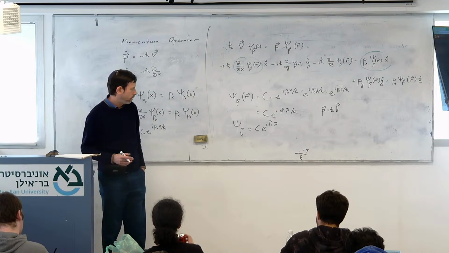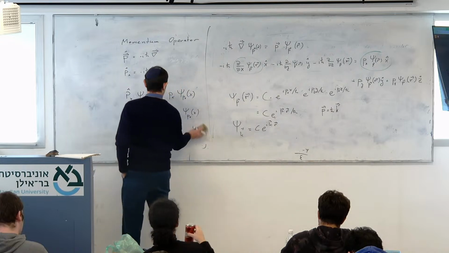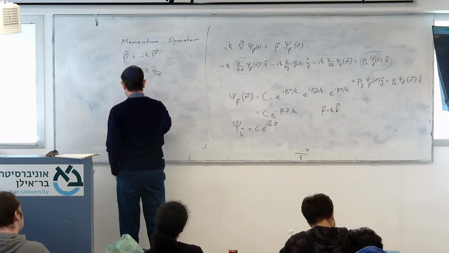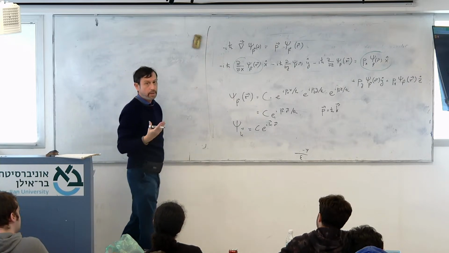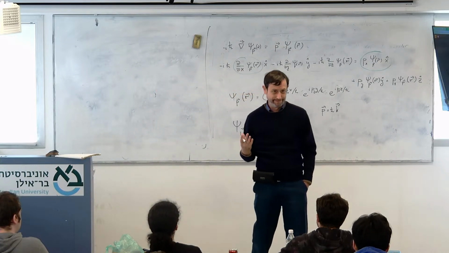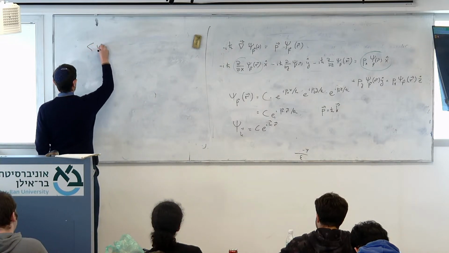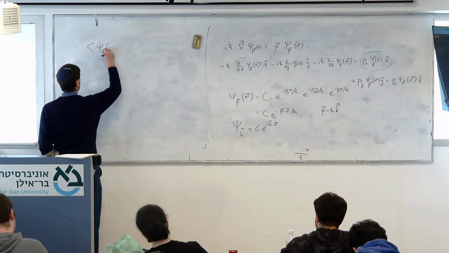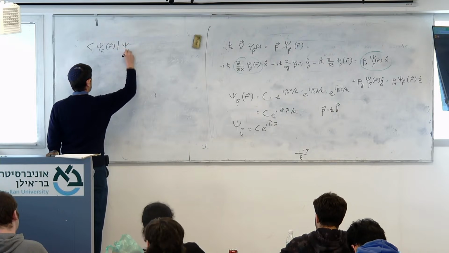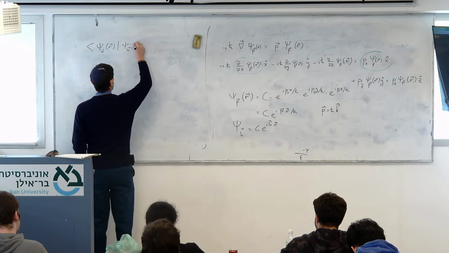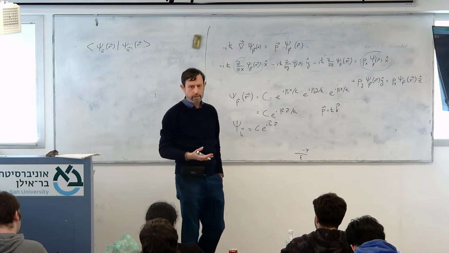Okay, so it's time to address the elephant in the room. What's this C? Well, C comes out of orthonormality. Okay, what do we expect to get here? 1.